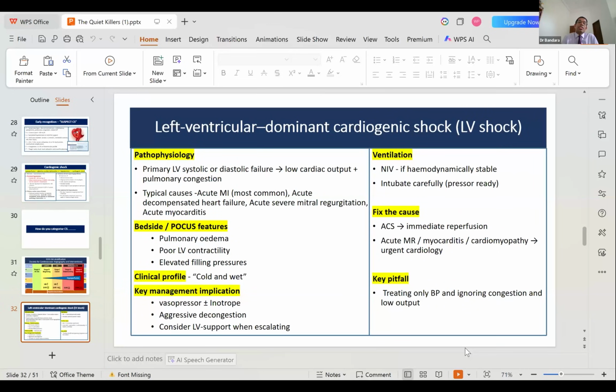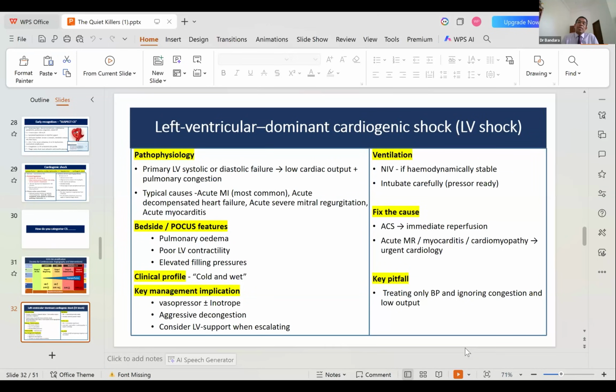A patient who is having left ventricular dominant cardiogenic shock usually has left ventricular systolic or diastolic dysfunction. It might cause low cardiac output and pulmonary congestion. Bedside evidence or focus evidence are pulmonary edema, poor left ventricular contractility, and elevated filling pressure. Their clinical picture is cold and wet.